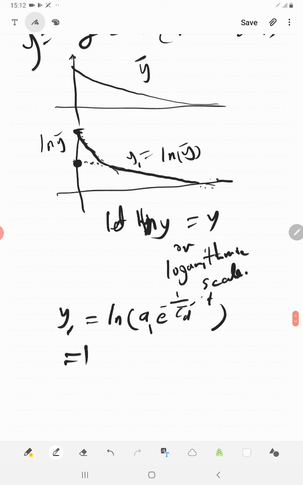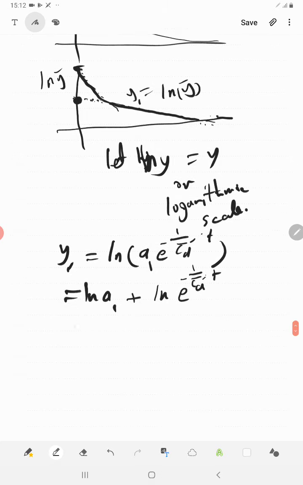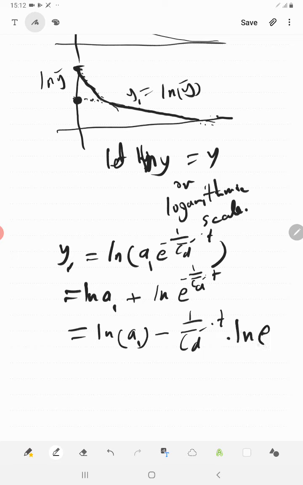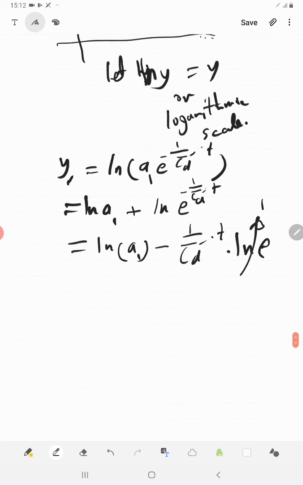Now, this is equal to ln a1 plus ln e to the minus 1 over tau d times t. So this is equal to ln a1 minus 1 over tau d transient times t, times ln e, and this is 1. So this is basically ln a1 minus 1 over tau d times t.